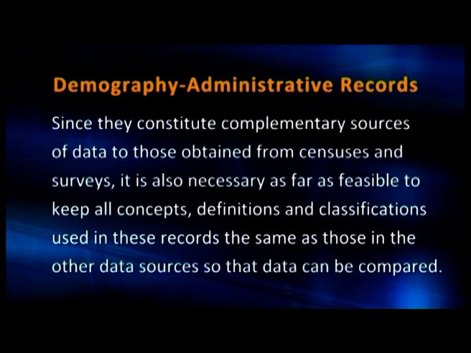Since they constitute complementary sources of data to those obtained from censuses and surveys, it is also necessary, as far as feasible, to keep all concepts, definitions, and classifications used in these records the same as those in the other data sources, so that data can be compared.